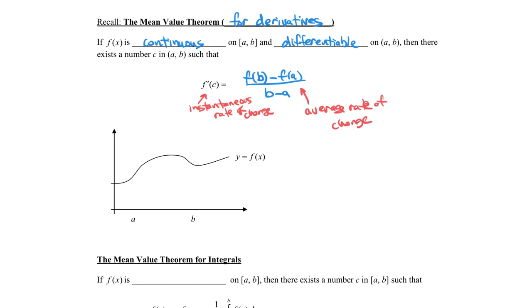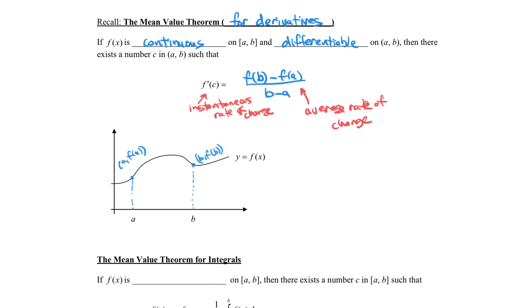So geometrically it just says this. We've got this function here, y equals f of x. And if we consider this point, let's say f of a, the y coordinate there, and f of b. So this point is a, f of a, and this point over here is b, f of b.